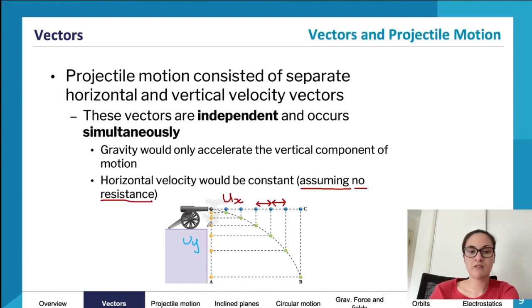So you could see that these gaps tend to widen. But always remember that Ux, or the horizontal component of velocity, relatively stays the same, assuming no resistance, whereas vertical velocity changes due to gravity.